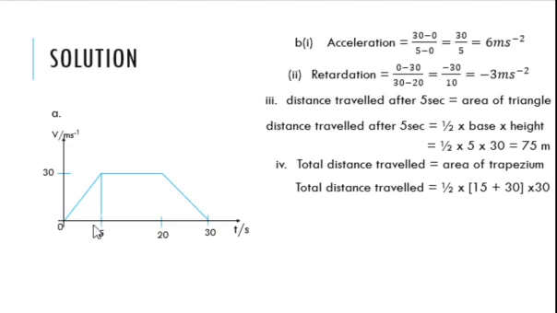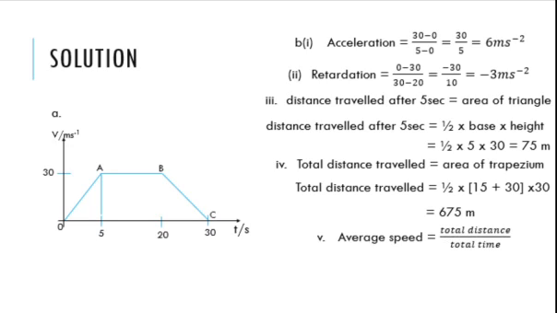That will be 30 minus 0, and that will give you 30. And the height is 30. That will be half times open bracket 15 plus 30, close the bracket, times 30, and that is going to give you 675 meter. That is the unit for total distance traveled.